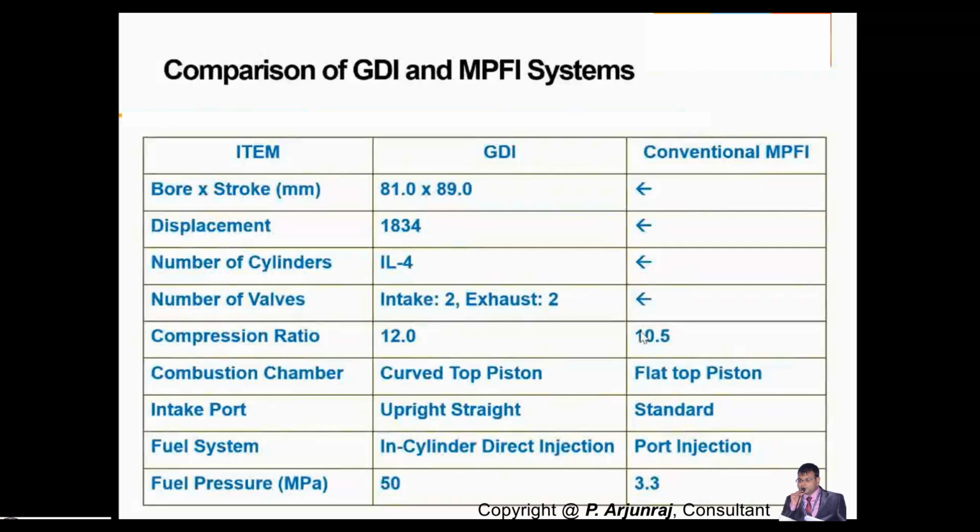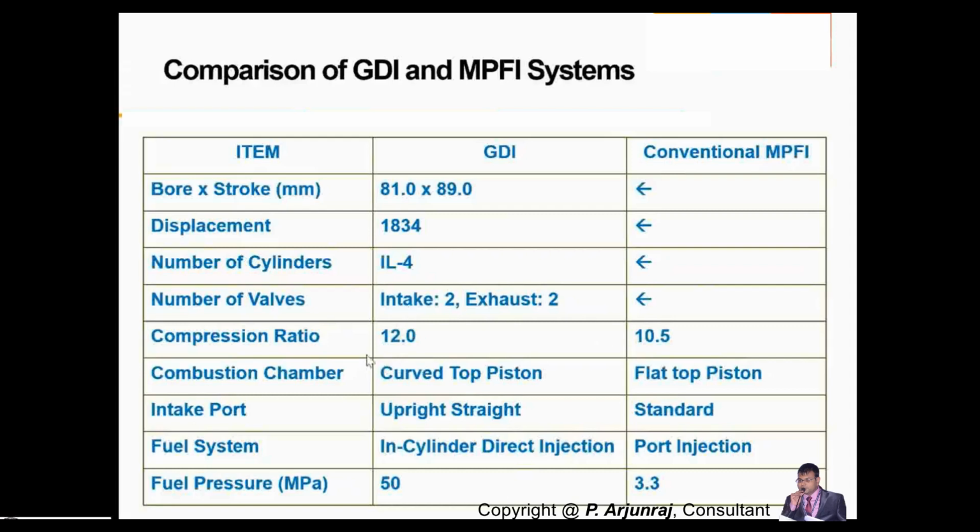The gasoline engine, having lesser compression ratio, will have lesser thermal efficiency, less mileage, more fuel consumption and more BSFC. That is the reason I compared. So there is a possibility that you can increase the compression ratio higher than what we can have for a multi-point fuel injection system.